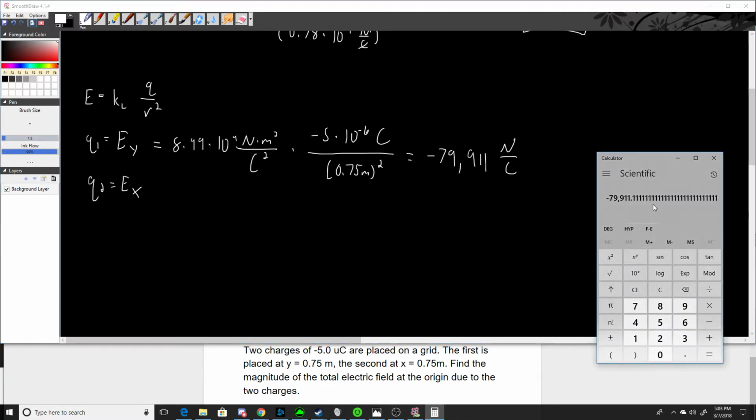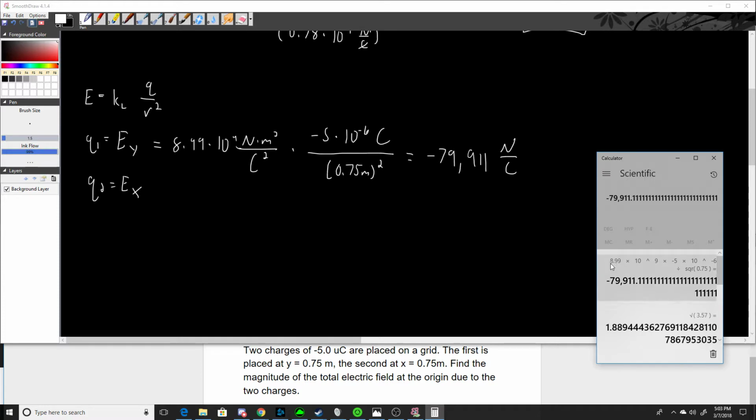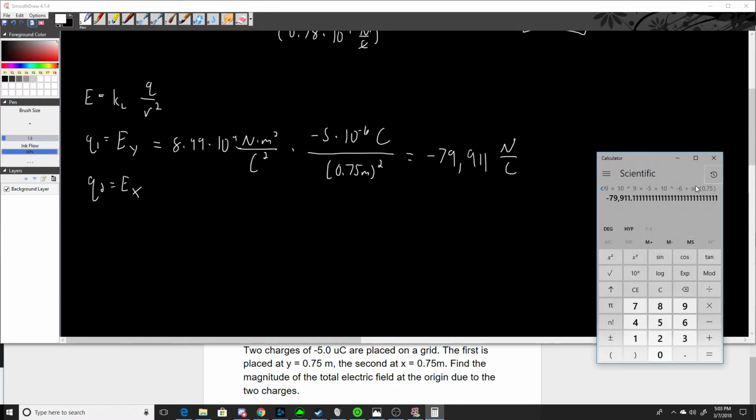Let me double check I typed things in right. 8.99 times 10 to the ninth times negative 5 times 10 to the negative 6, divided by 0.75 squared.